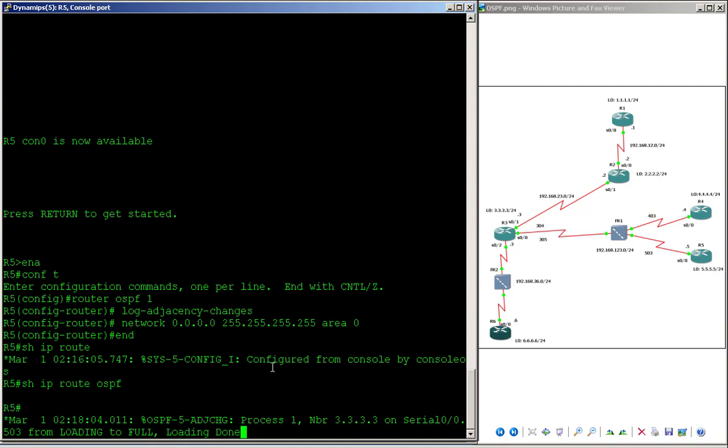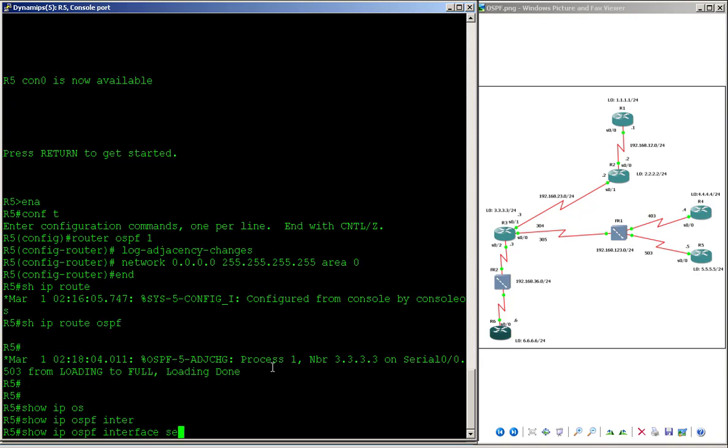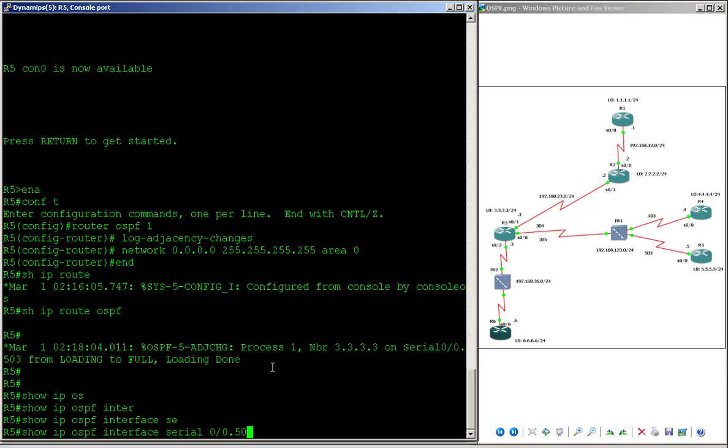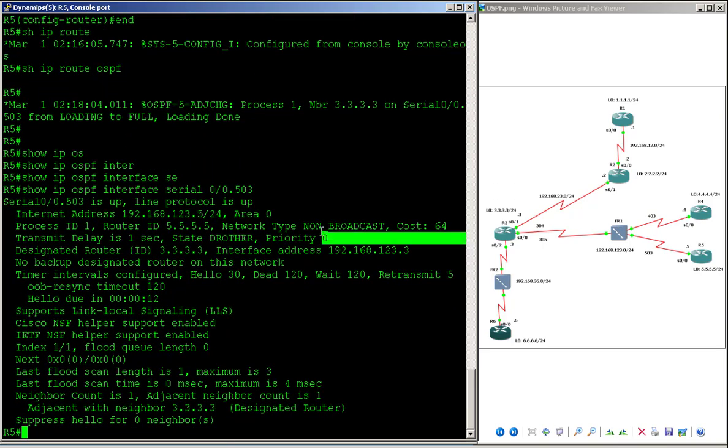If I check on router 5, for example, show ip ospf interface serial 0/0.503, and here priority is 0, which I already put, but by default it's 1. But if you want this router to never be a DR or BDR, you just have to put the priority 0.